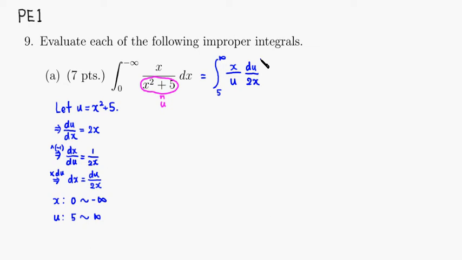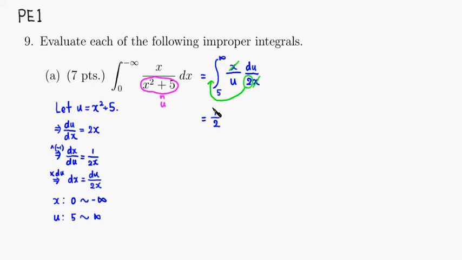Luckily we can cancel the x on top and the x on the bottom. Also, since there's a 2 on the bottom and it's just a constant, I'll kick it out of the integral and put it in front, so a 1/2 is a constant in front.